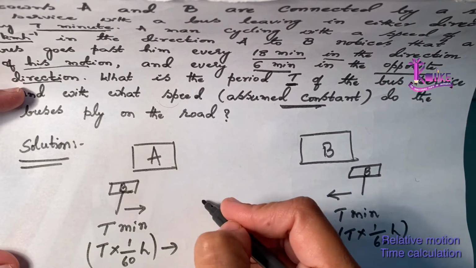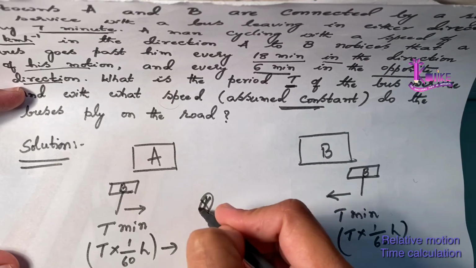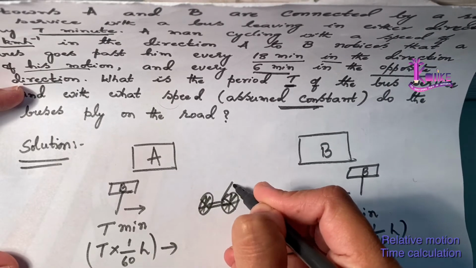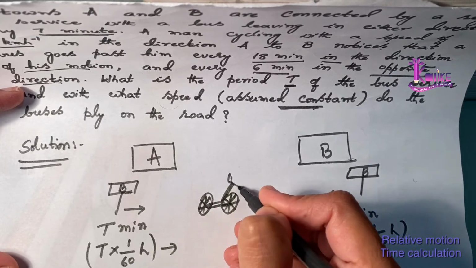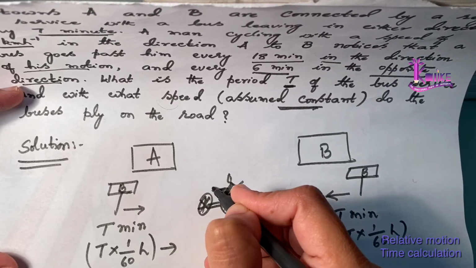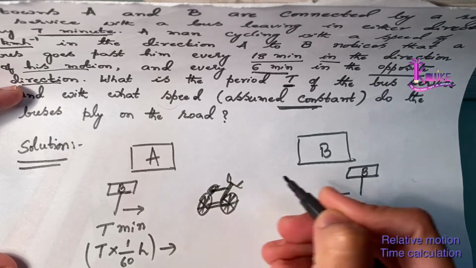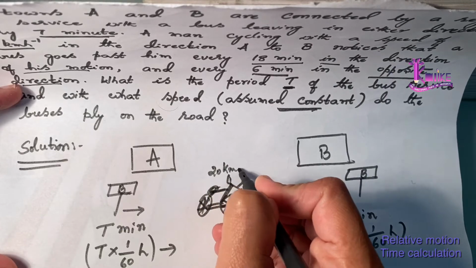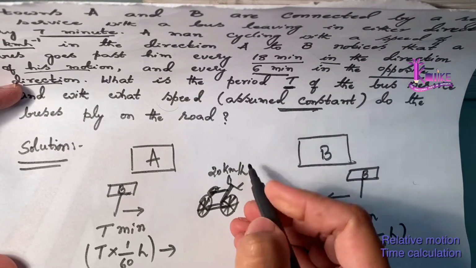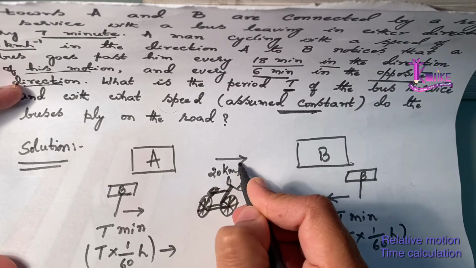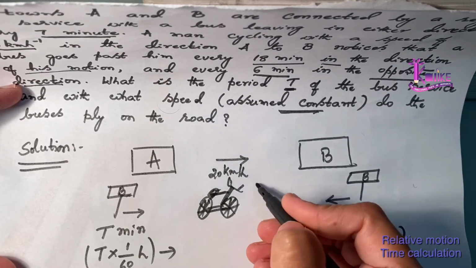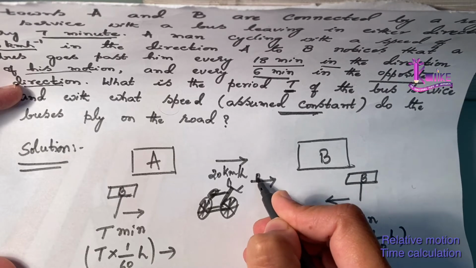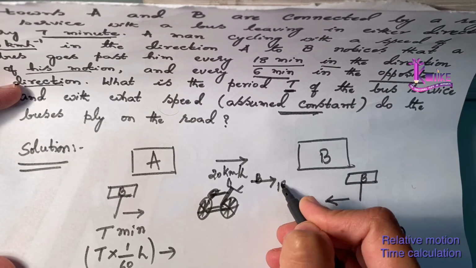But the numerical also tells us that there is a cyclist, right, who is riding his cycle, and with a speed of how much? He is moving at a speed of 20 km per hour from A to B. He spots buses, one moving in his direction.